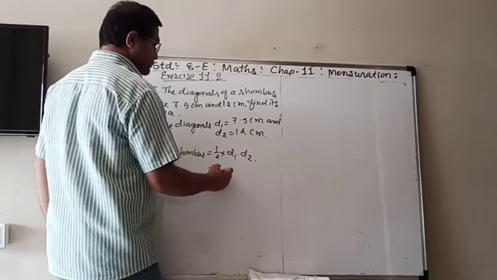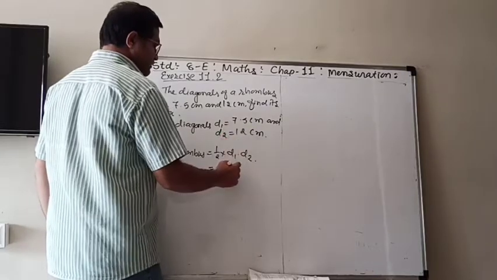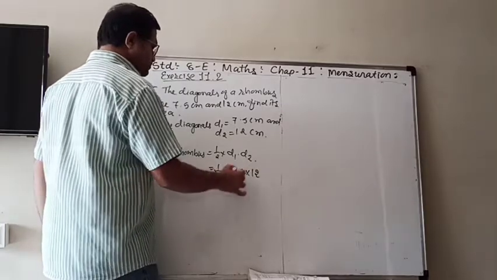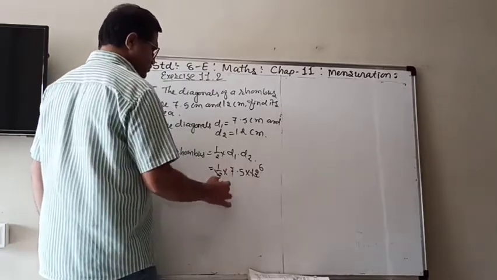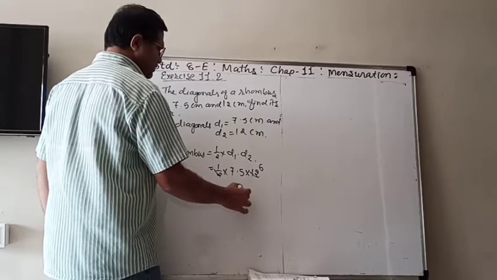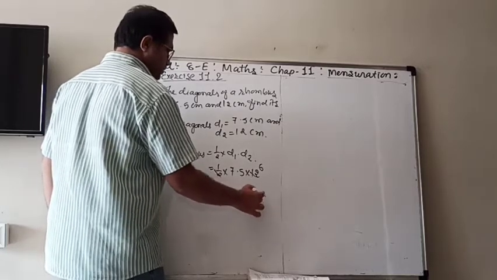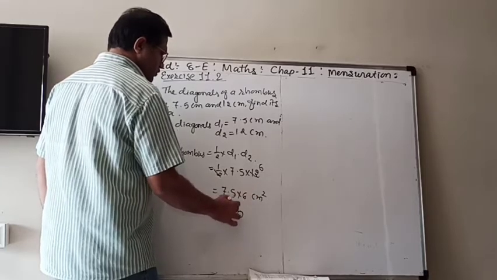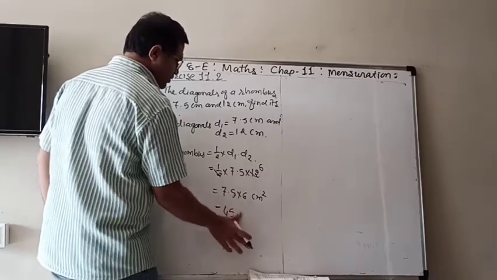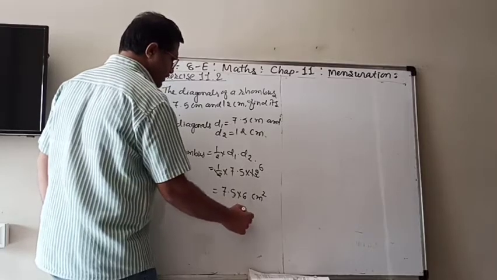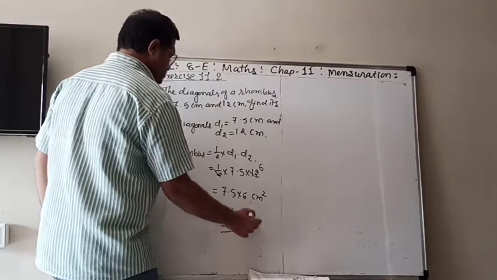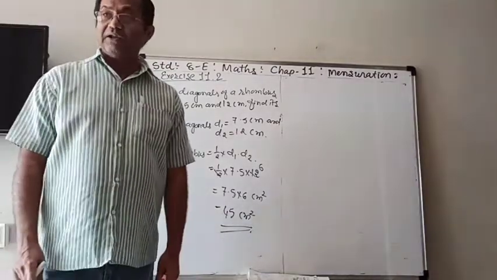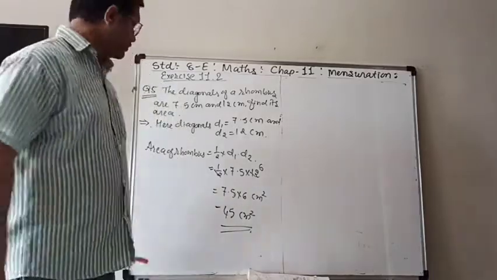So half into 7.5 multiplied by 12. 2 6s are 12. So 7.5 multiplied by 6, 45.0, so you can write down only 45 centimeter square. Very simple, but only when you remember the formula.